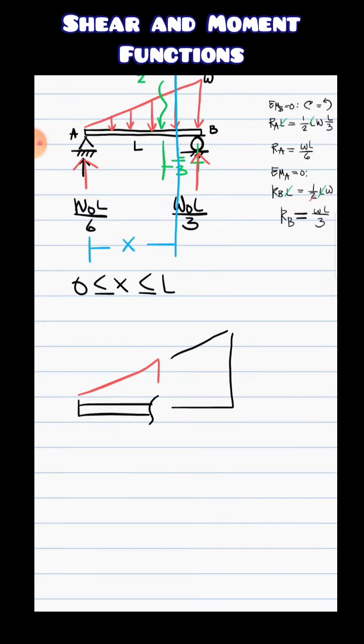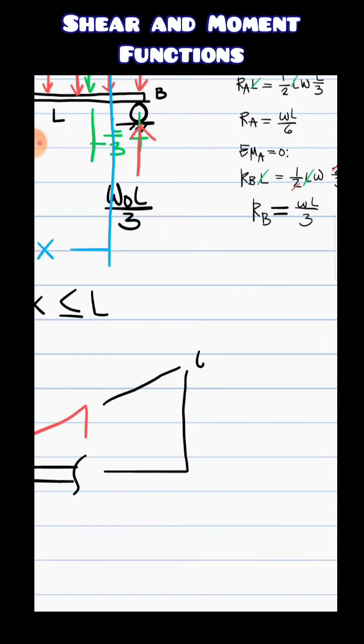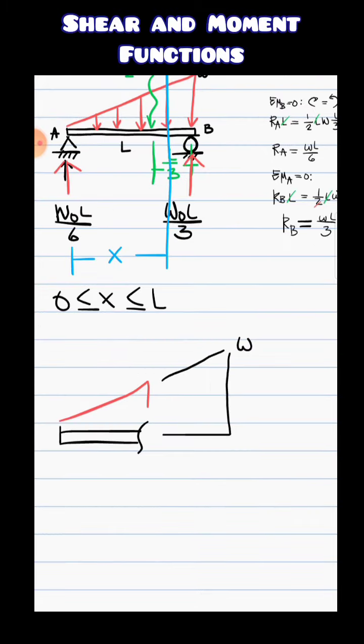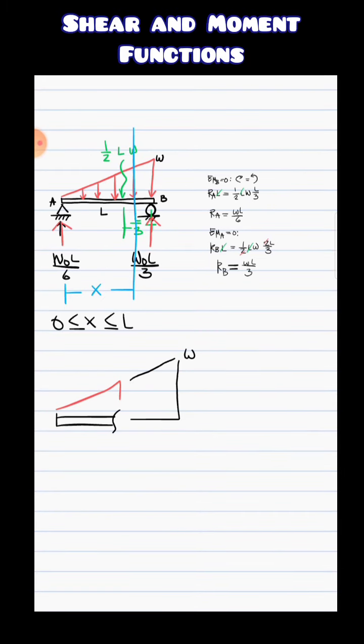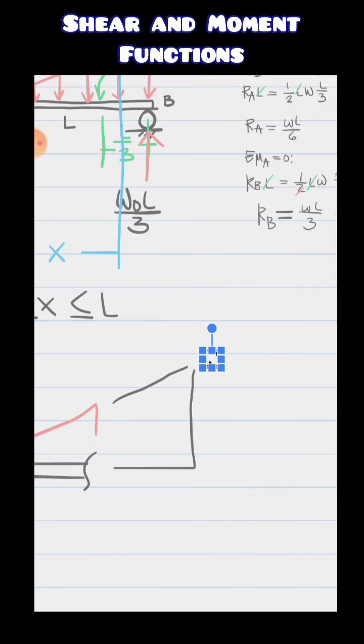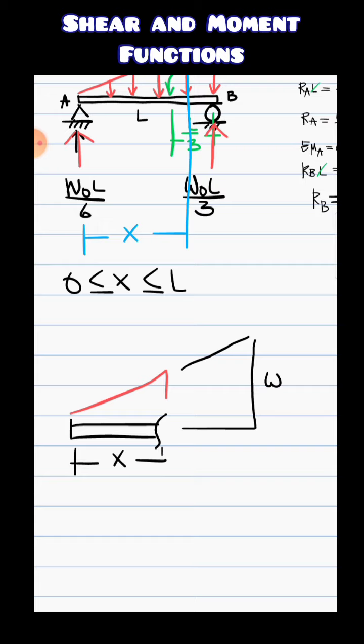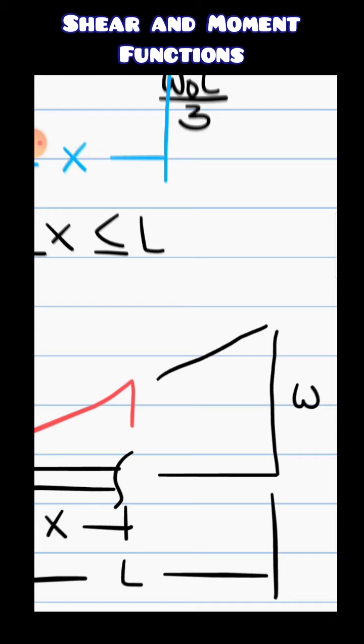If you notice, our load is W here, but here it's no longer W. So what we're going to do is find the height of this by taking this as our base, this as our x, and this as our entire length, and this as our new y.